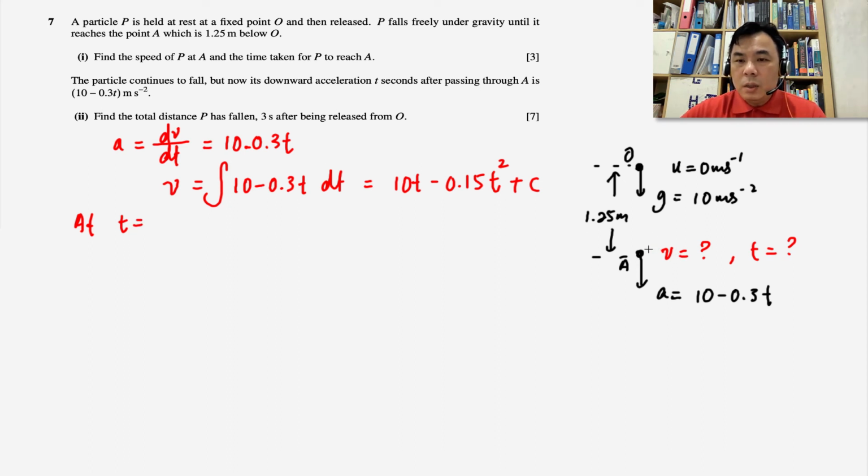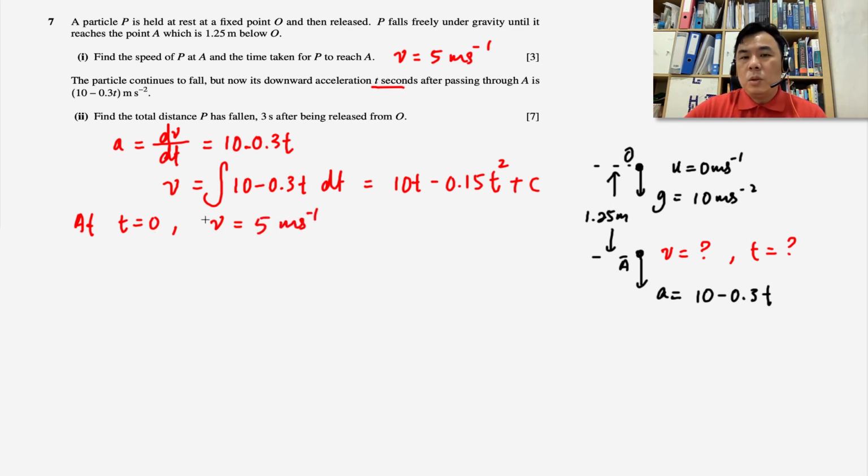We are starting to measure because the t was measured right after A. So from here, we use a different measurement. So at t equal to 0, after passing through point A, the speed at this point is given as 5, which we have found out previously. That's equal to 5 meters per second.